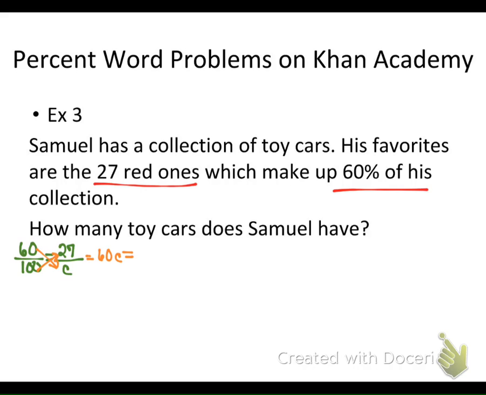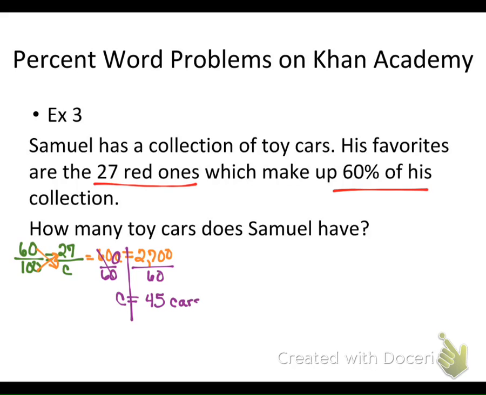What's 27 times 100? 2,700? Good. How do I get the variable c by itself? What's 2,700 divided by 60? 45.